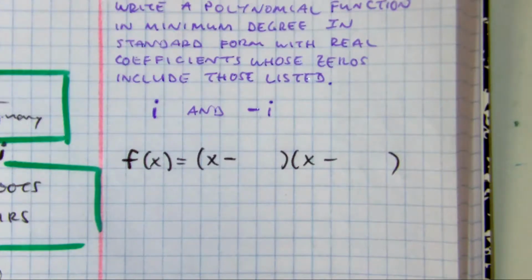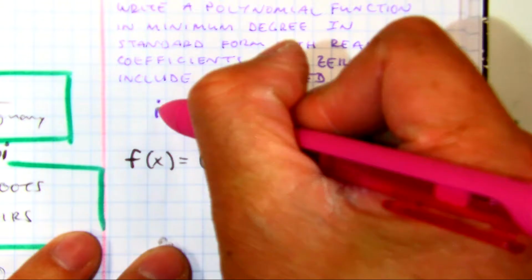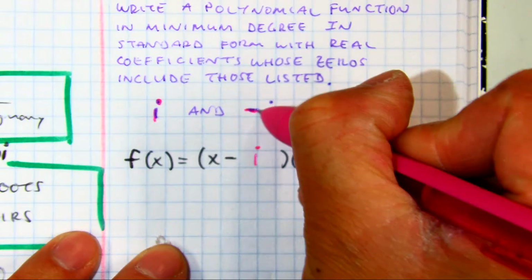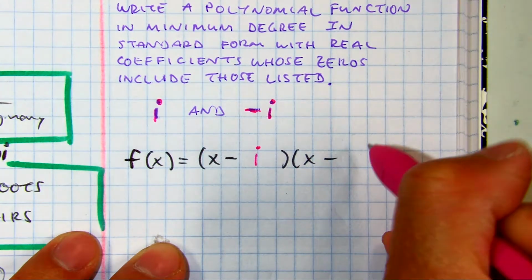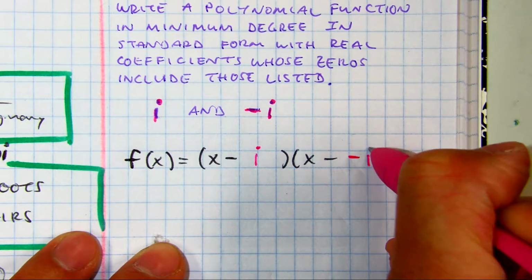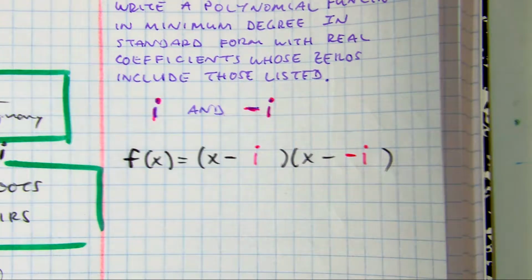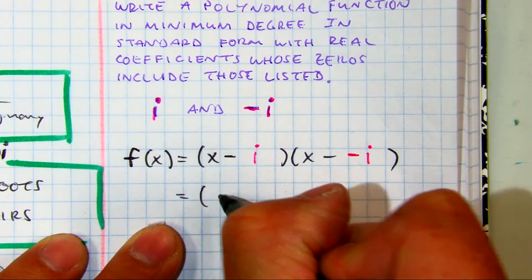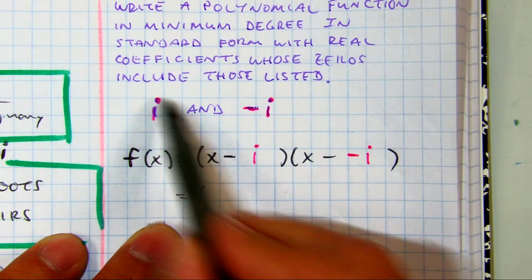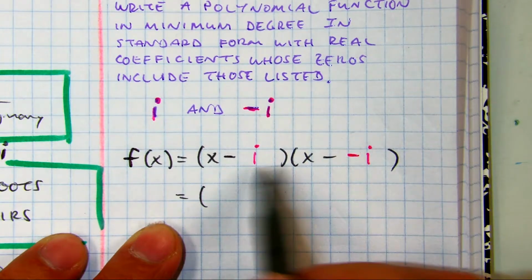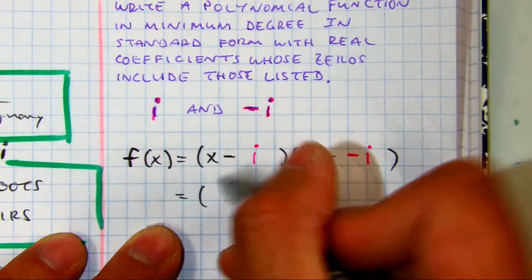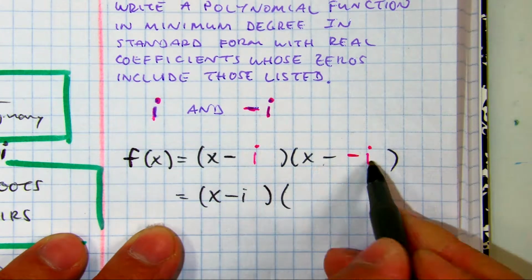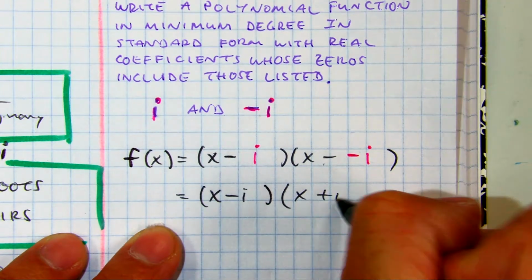Okay, so we're just going to put the i and the negative i in here. I just basically put my zeros into the binomials. I have x minus i, and this one's going to read what? x plus i.